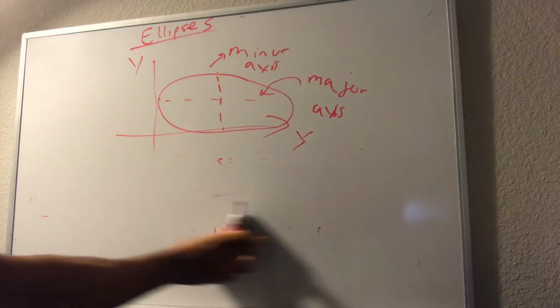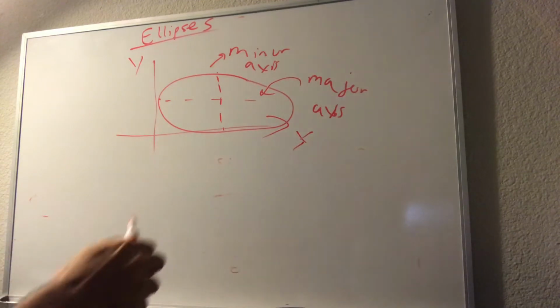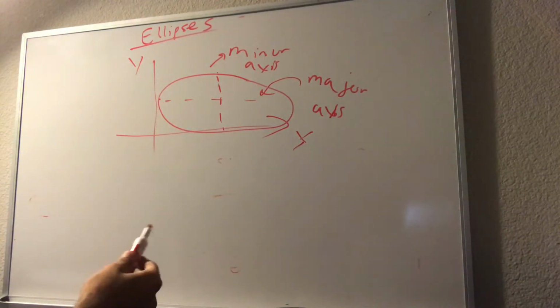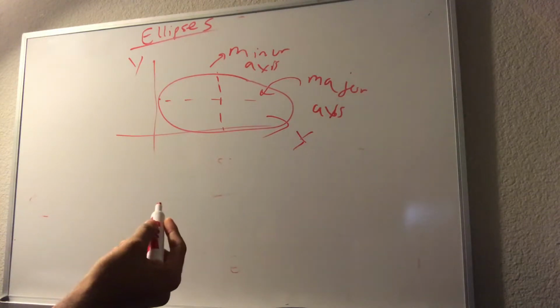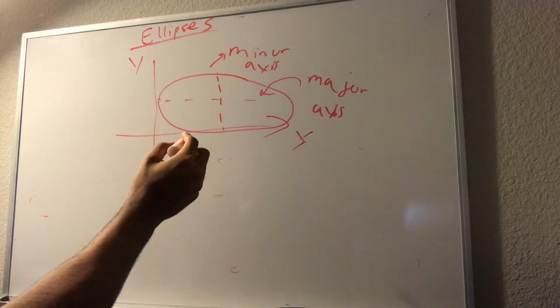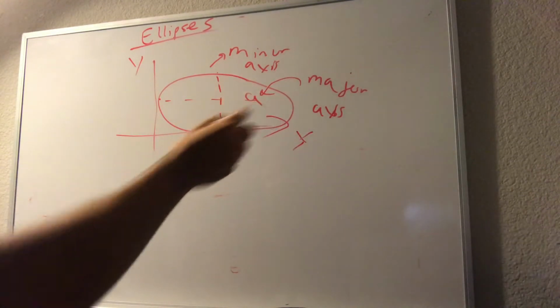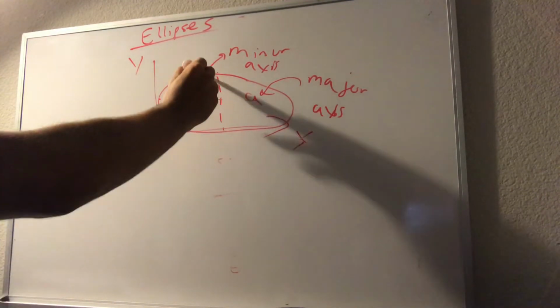Looking at a representation here, again this is the major axis and the minor axis. Since a is the larger value, this is a here, and this value here would be b.